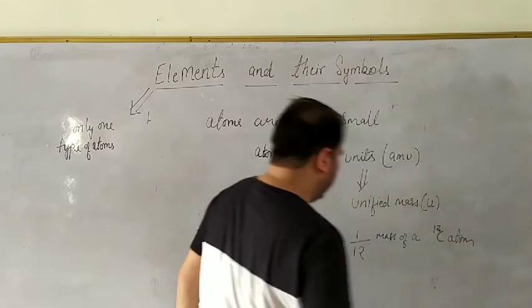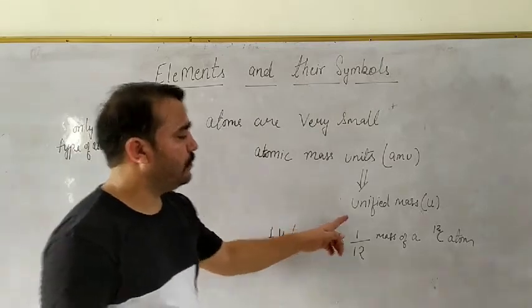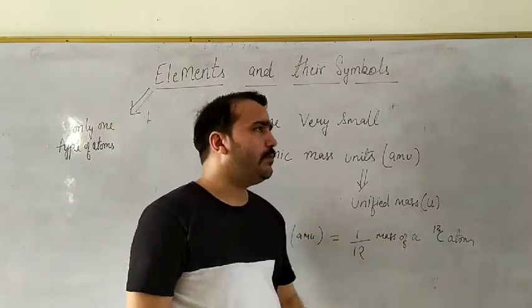So simply we can say 1 U is equal to 1 by 12 the mass of a C12 atom.